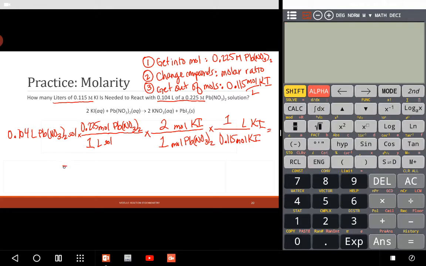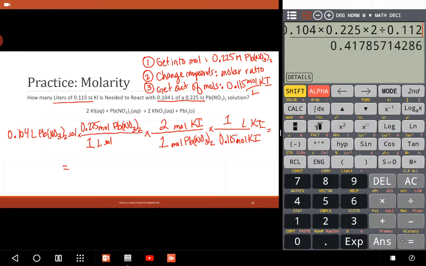Okay, so now we can calculator this. So 0.104 times 0.225 times 2 divided by 0.115. I didn't type a 5, did I? Okay.